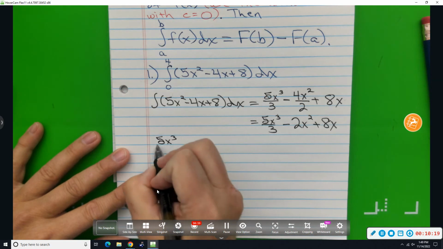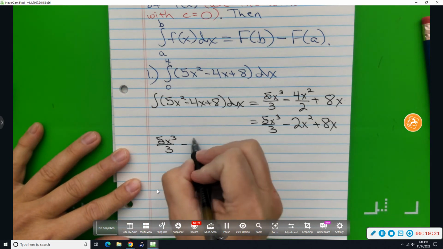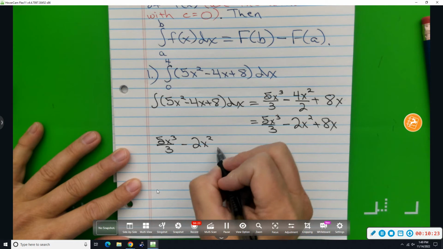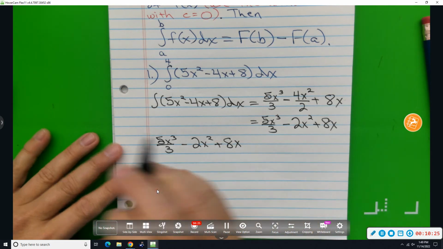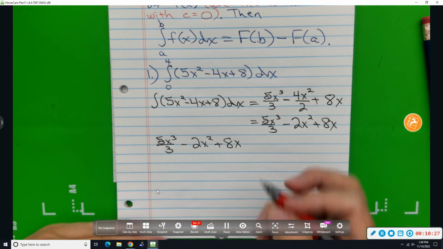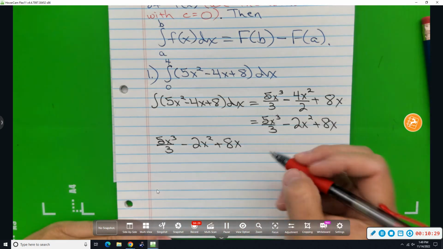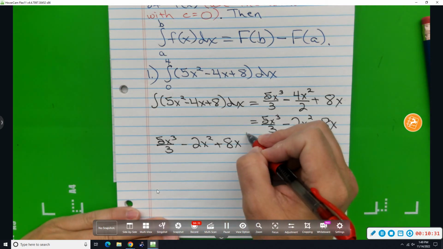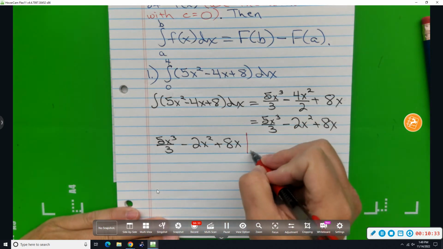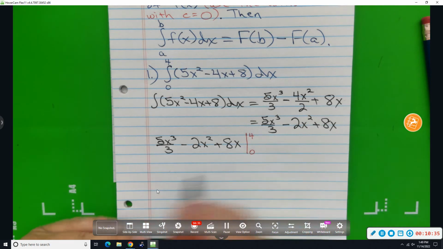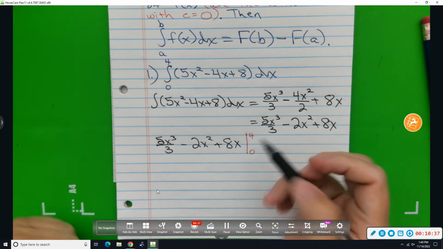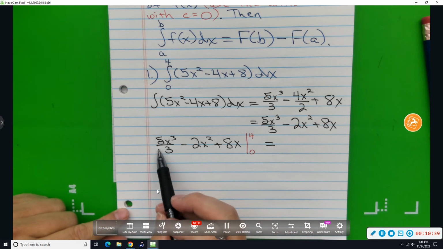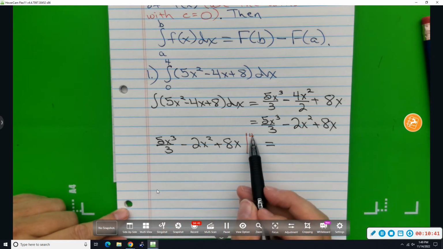But you still take 5x cubed over 3 minus 2x squared plus 8x, and I'm introducing some new terminal notation. That little squiggly there, the integral symbol, I'm going to replace it with a vertical bar from 0 to 4. This notation is saying, go through, plug in 4 for everything.